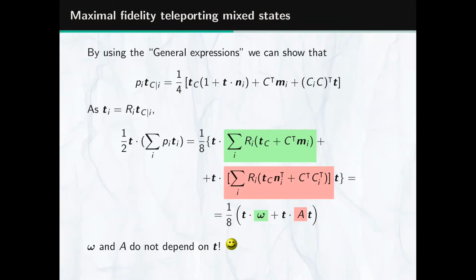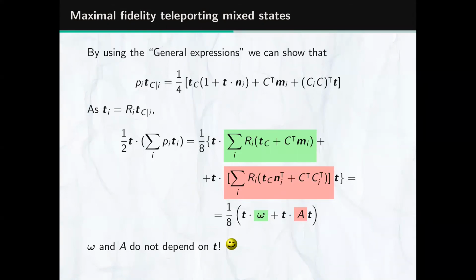Here we have the general expression for the conditional states that depends on the measurement and the resource here and here. All right. Here we have the Bloch vector of your initial state.